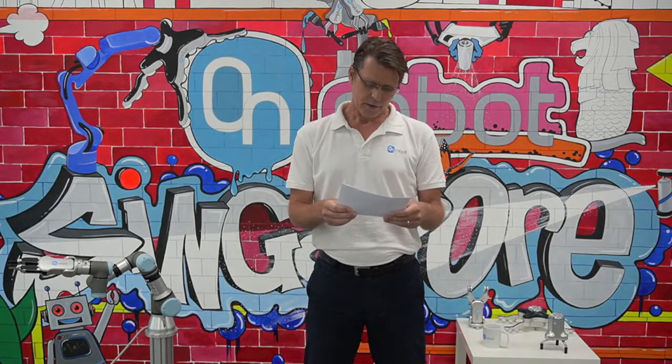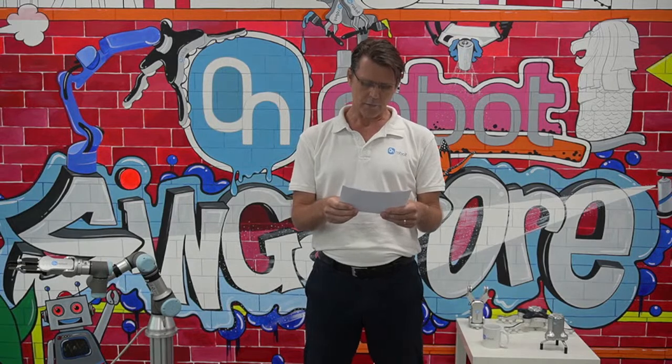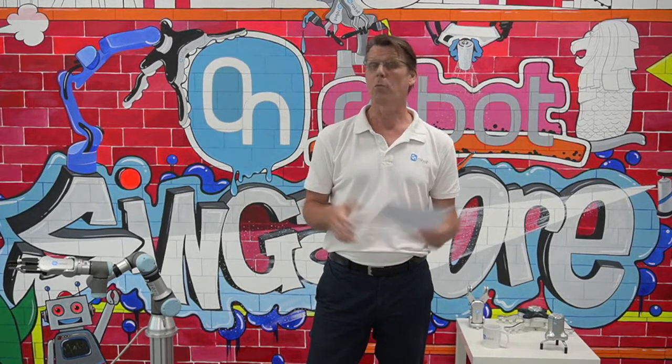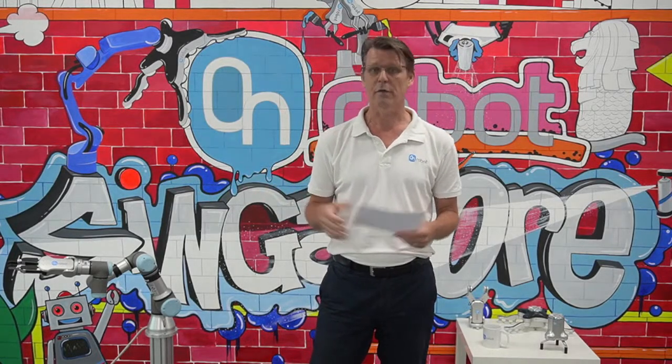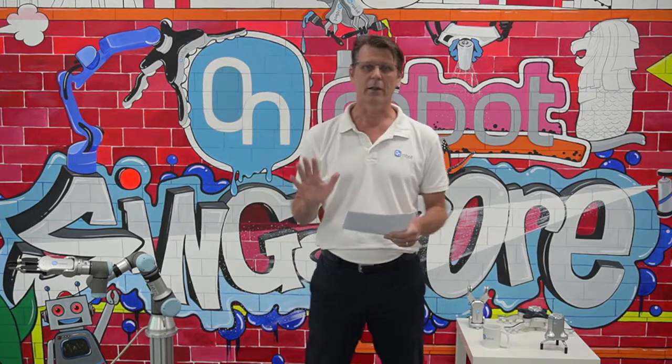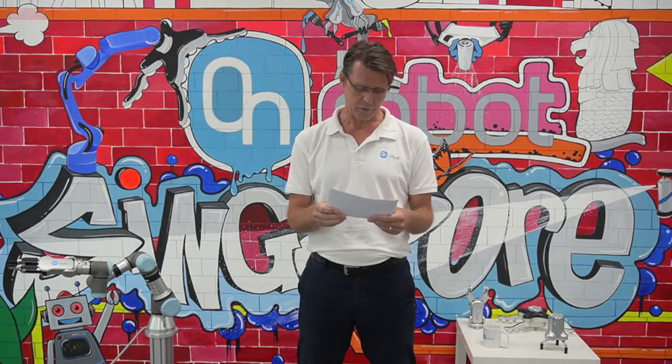Another question: what is the most popular collaborative robot in the market? Well, that's a good question. If popular and most sold are the same, then for sure the Universal Robots cobot is the most popular. It has about 50% market share at the moment. I'm not quite up to date on the statistics, but that is for sure the most sold cobot in the market so far.